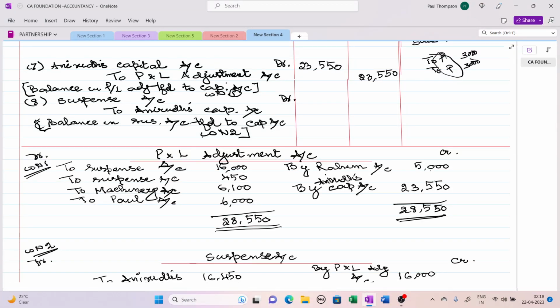Suspense account debit with 16,450 to capital account 16,450. The balance in suspense account transferred to capital account. I have given the working note number.